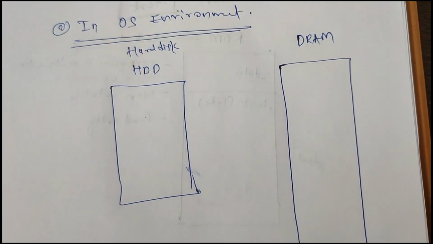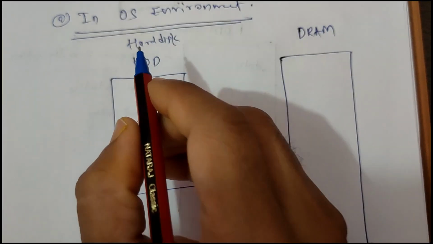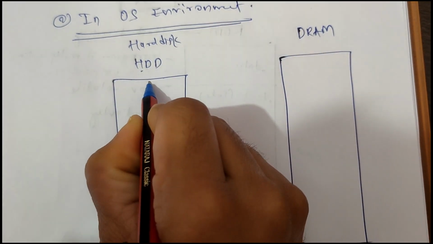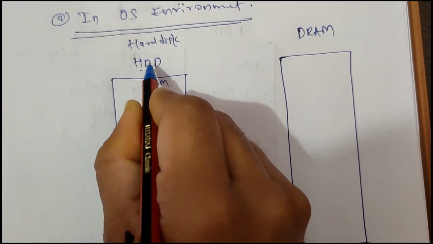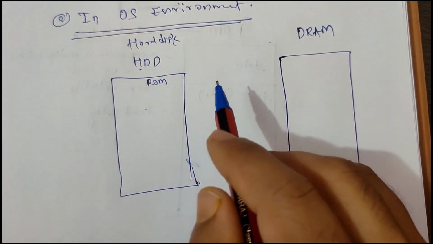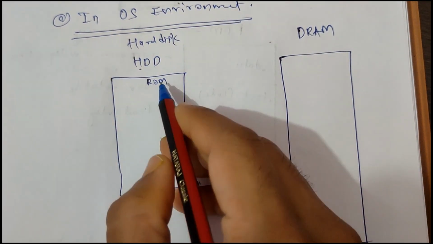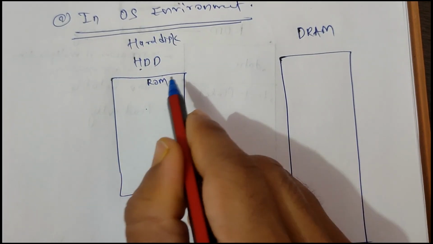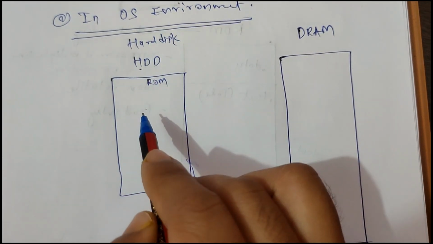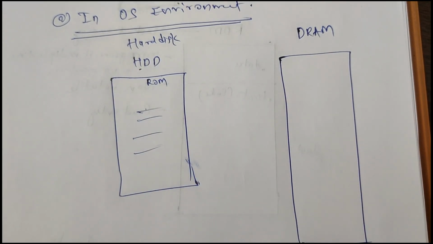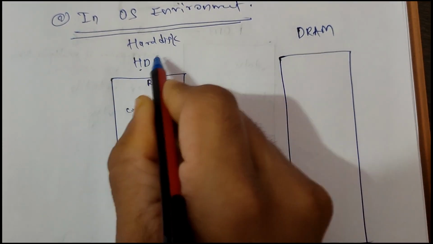In the OS environment, HDD is the ROM where the program is stored. The program is stored in the HDD, or you can say ROM in simple words. Here the code is stored, but here also there is a problem: the HDD is much slower.